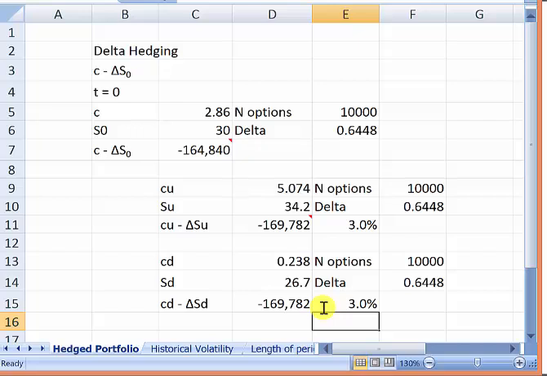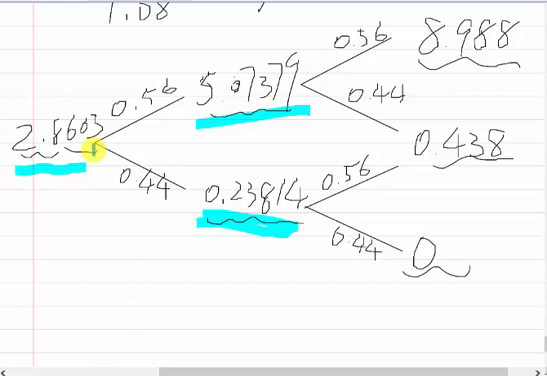The dealer has written the call, and then the dealer will need to buy the underlying to hedge their written call exposure. That is at this initial node, at the beginning, time 0.